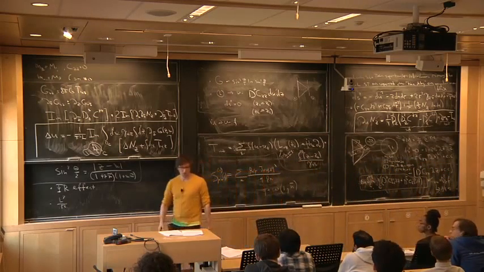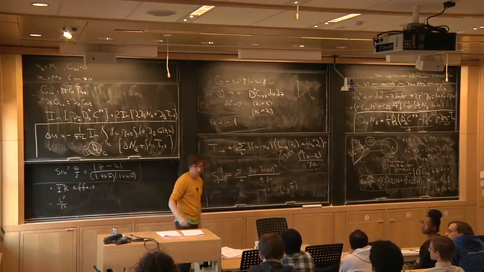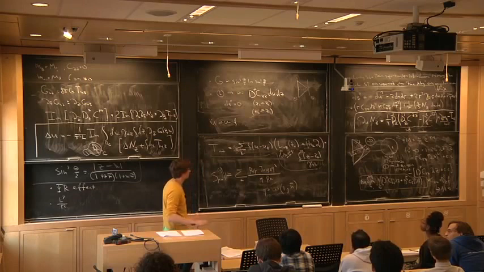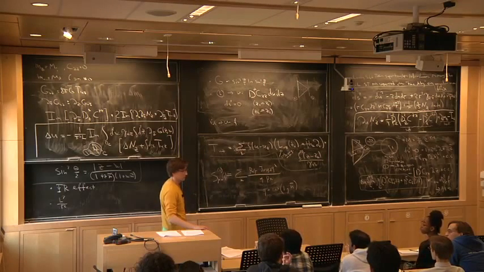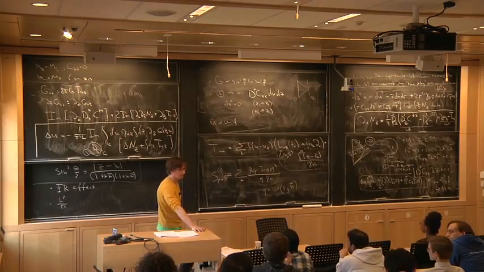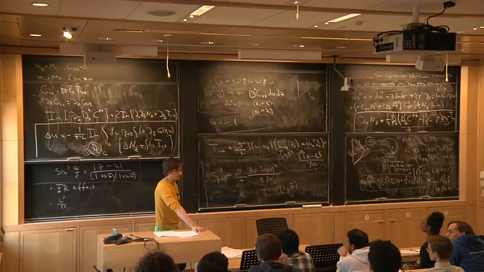Now, in the last 5 minutes that I have, yes, sir. Typically, in any realistic process, you'll have both super translation memory and super rotation memory. And you said the way you would distinguish is that the super translation one would be a 1/r effect, so it would be a stronger effect. Yeah, it's a stronger effect. So when I send out these things on some loop, I would have to worry about the fact that because of super translations, the shape of the loop might change.